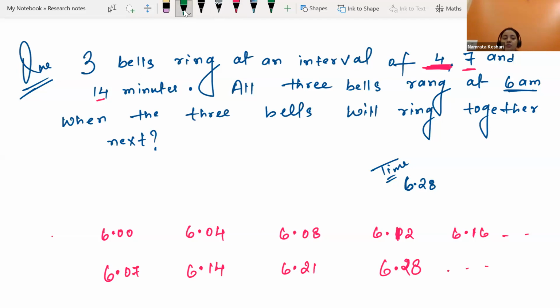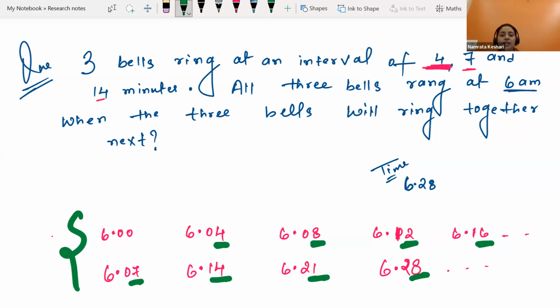That's what I am trying to explain here: 4, 8, 12, 16 and 7, 14, 21, 28, we are just writing the multiples. That's why we always find the LCM whenever this type of question is there, where one person is completing a circle taking this much time, and another person is taking this much time.